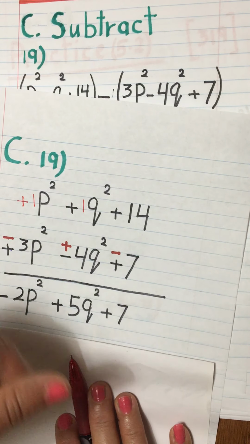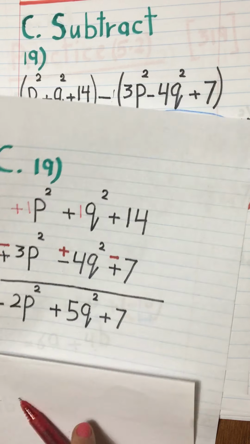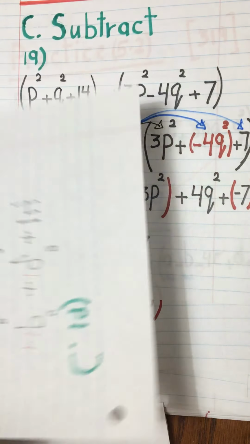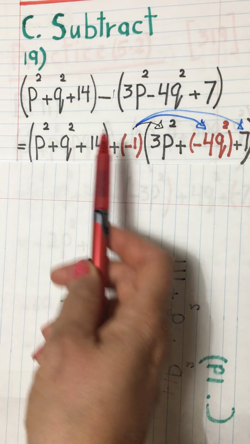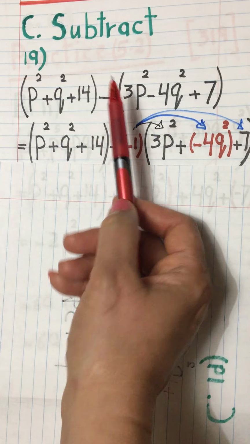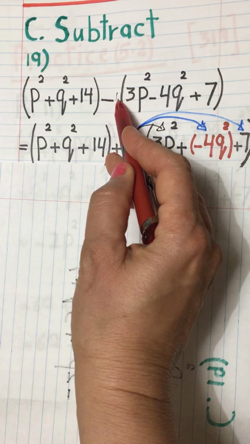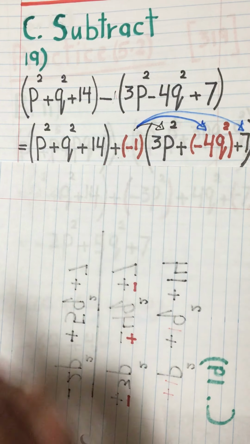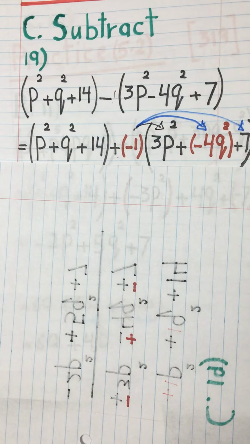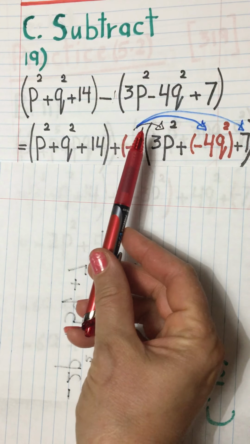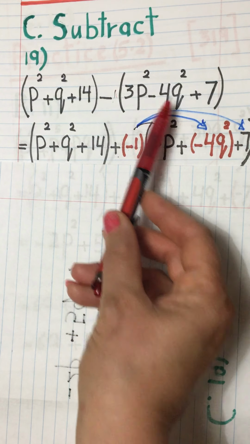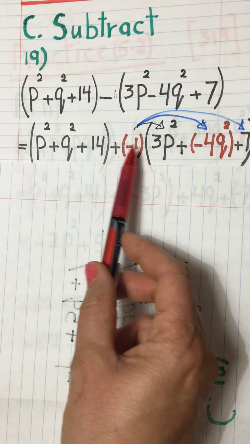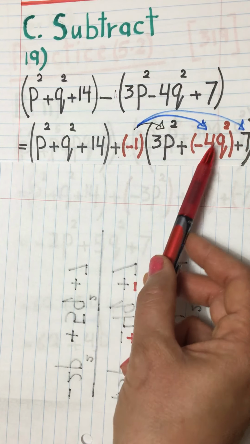You can try it this way, guys, or you can try it in this way. Change this negative to a positive, and I already have 1 right here, change it to negative 1. Then 3p squared minus 4q squared plus 7, and distribute negative 1 to each term.